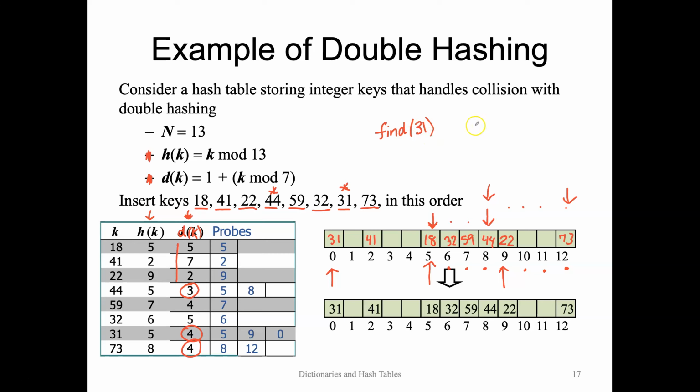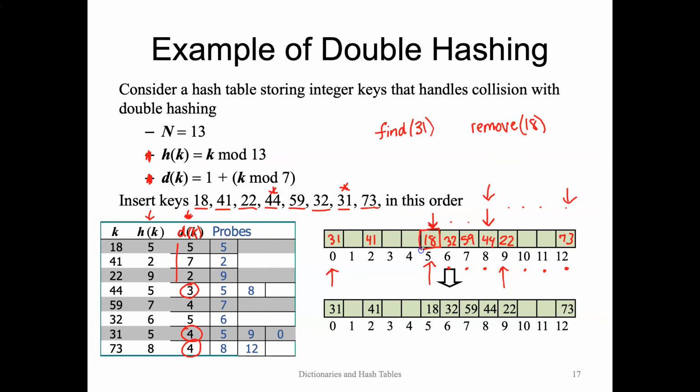And similarly, if we wanted to, let's say, remove 18, just like we saw before, we can find where this element is using the same approach, using our first hash function and our second hash function. So we can find that 18 belongs at index 5 because h of 18 is index 5.